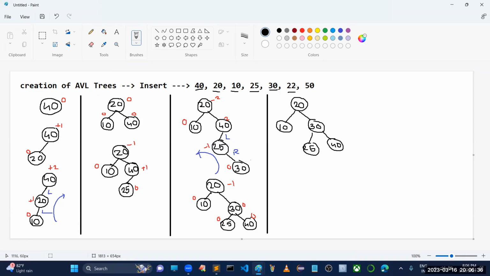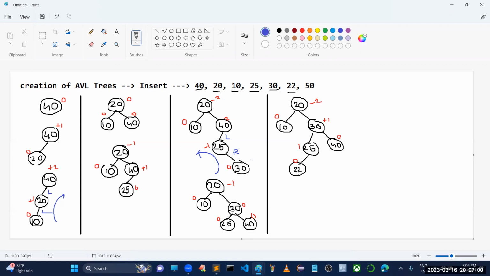For 25, we have to add 22. So 22 will become the left subtree for this. So what about balance factor? It is 0, it is 1, it is 0. So 2 minus 1, it is plus 1. It is 0. So 1 minus 3, it is -2. Is it balanced? No.